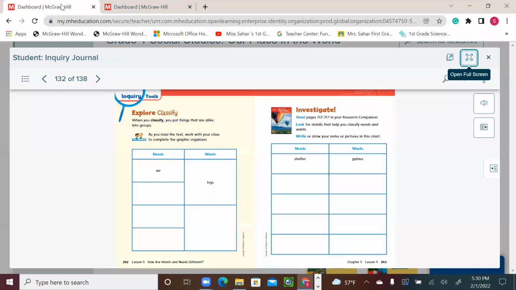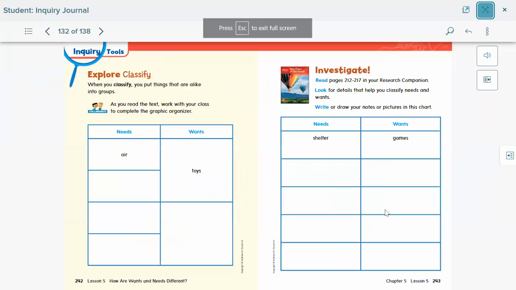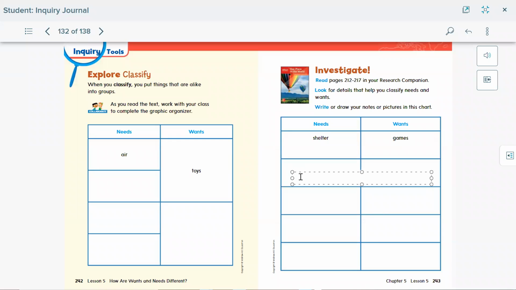Okay, let's go back to our book and page 243 and fill the chart that we have, needs and wants. If you remember, we have the chart that said what we need. So we know what we need. We need important things that we can live with. So we say shelter. We say also clothes. We say we need food.